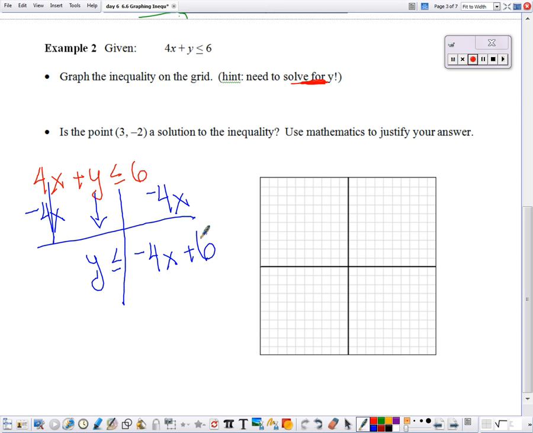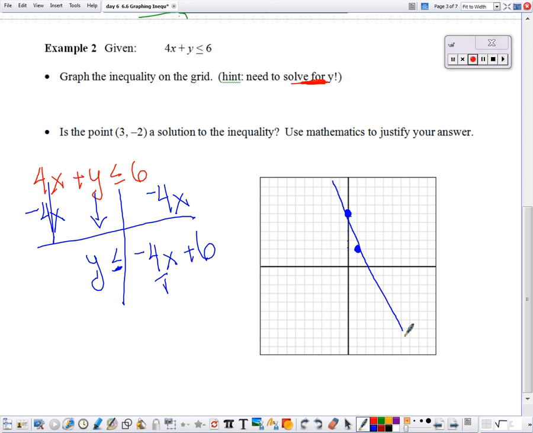I start at 6. And I go down 4 and over 1. Because my symbol has this line underneath, I connect my dots with a straight line.